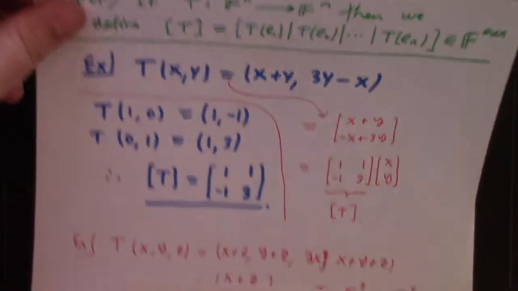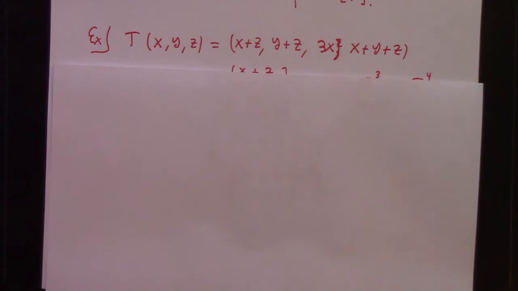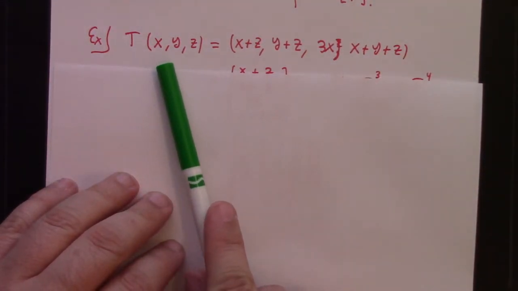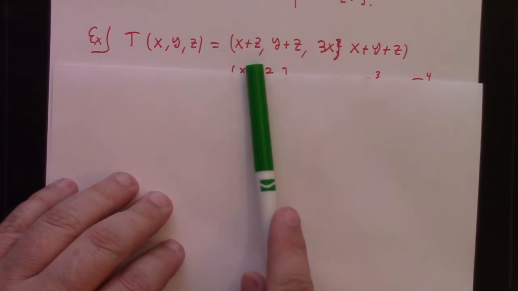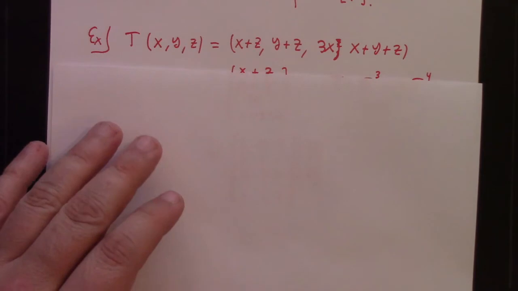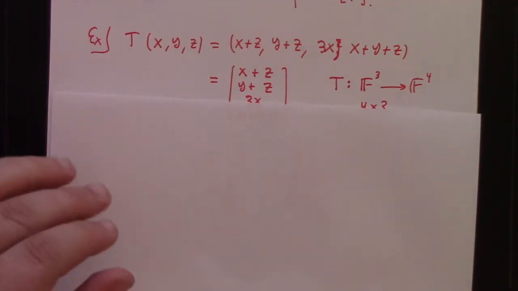Here's another example. Sorry about this, I gotta scribble. T of (x, y, z) equals (x plus z, y plus z, 3x, x plus y plus z). So this is a transformation from F3 to F4. You can make it R3 to R4 if you like.